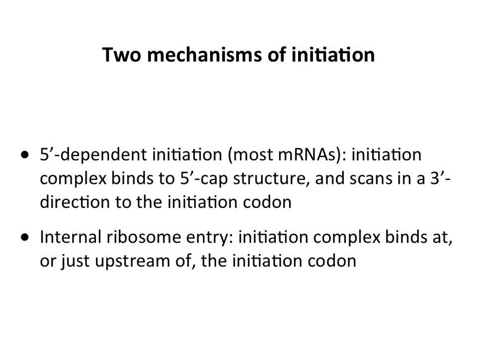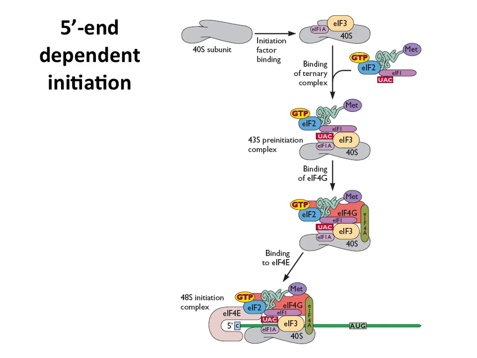So let's look at 5' dependent briefly, just to review it so we're all on the same level. In this mechanism, the ribosomes are brought to the 5' end. So here's the goal in the end, our messenger RNA with a 5' cap. The cap is going to play a crucial role in getting the ribosome to the message. So in the cell, we have the subunits, and here's the 40S subunit. It's typically complexed with a couple of initiation proteins.